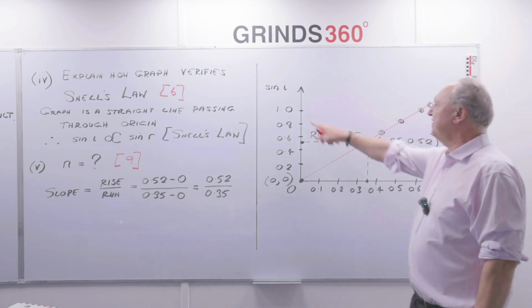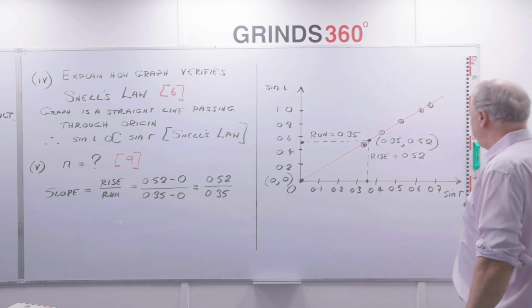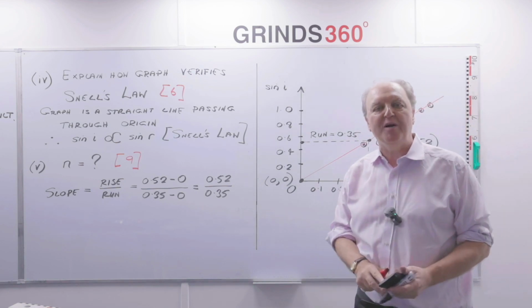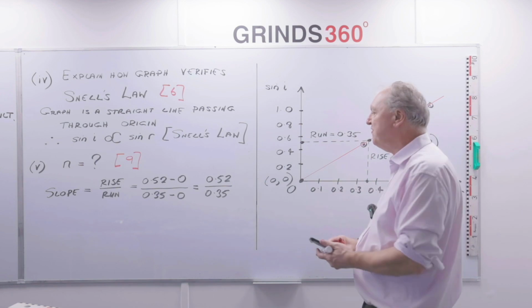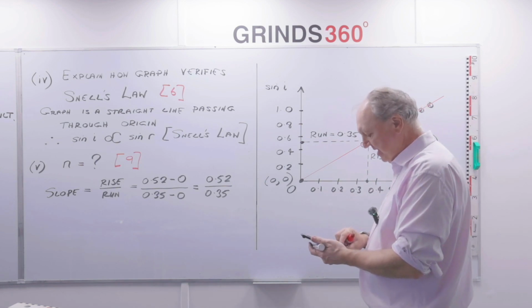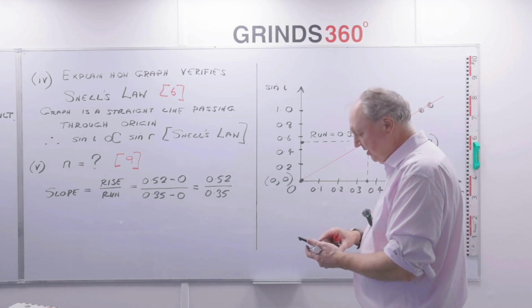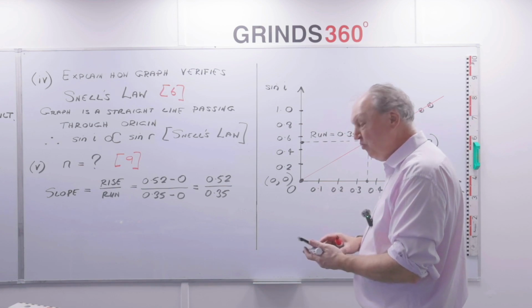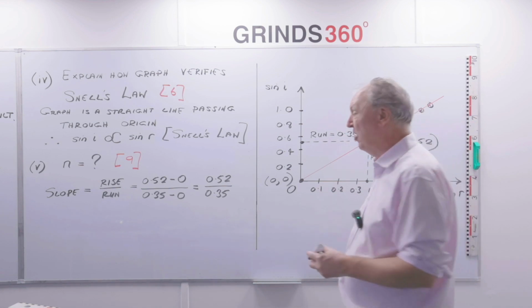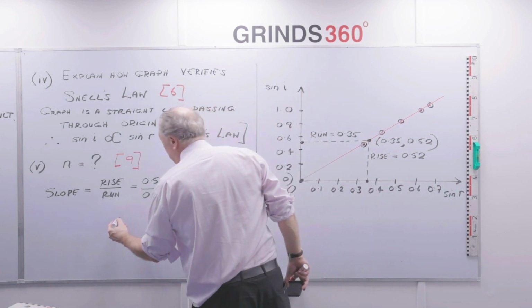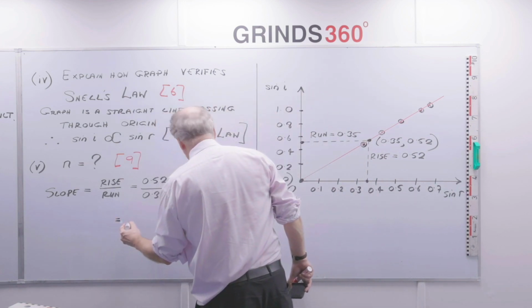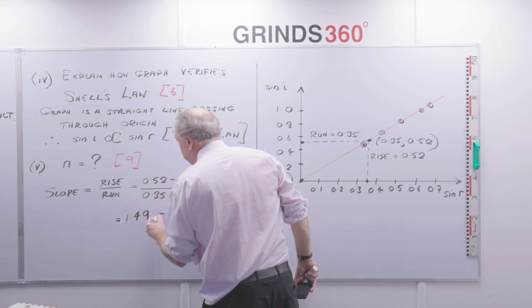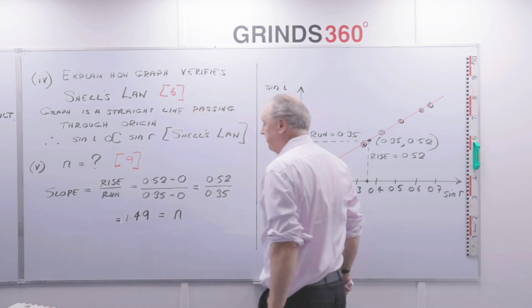The rise is a value of sin I, and the run is a value for sin R, and sin I divided by sin R, as you know from the lesson, is the refractive index. So into my calculator, I'm putting 0.52 divided by 0.35, and I get about 1.49, probably 1.5, but write down 1.49 or 1.5. I'll write down 1.49, and that's equal to the refractive index n.